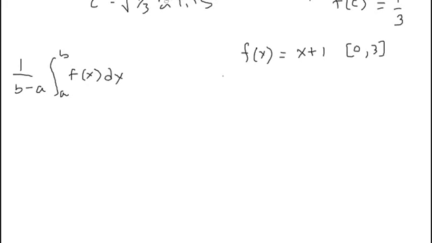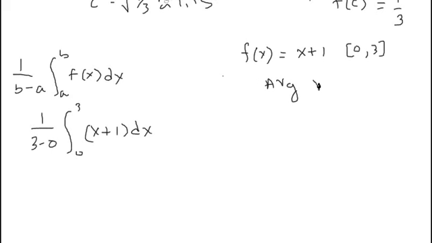And then of course we need to set it up, and that is 1 over 3 minus 0, and a is 0, lower bound, upper bound, and of course x plus 1 dx, and you're going to be asked to find the average value, right? The average value.